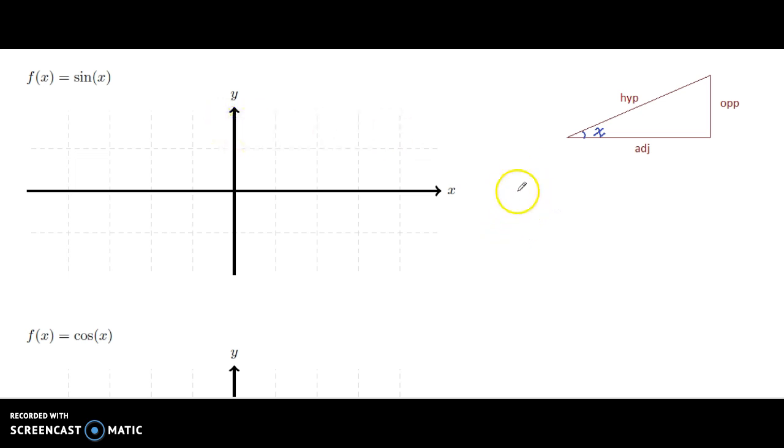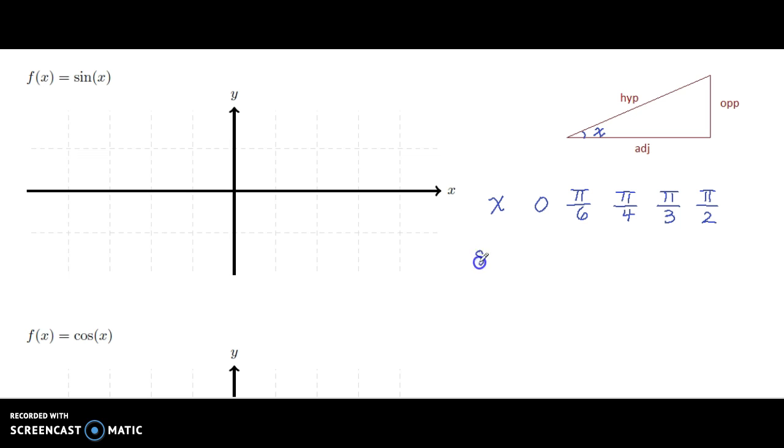We need to memorize the sine values for special angles. They are 0 degrees or 0 radians, 30 degrees, so it's pi over 6, 45 degrees, 60 degrees, and 90 degrees.